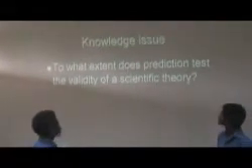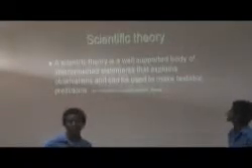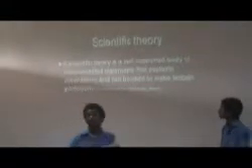So the knowledge issue that we extracted from our real life situation is: to what extent does prediction test the validity of a scientific theory? So what is a scientific theory? A scientific theory is a well-supported body of interconnected statements that explains observations and can be used to make testable predictions.